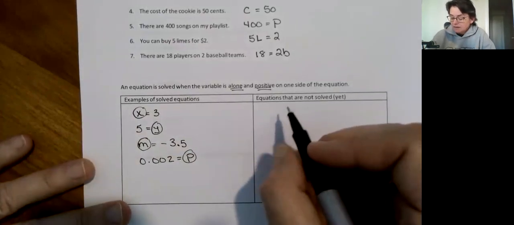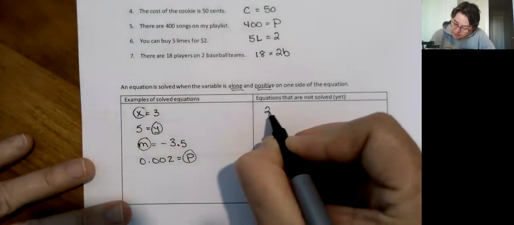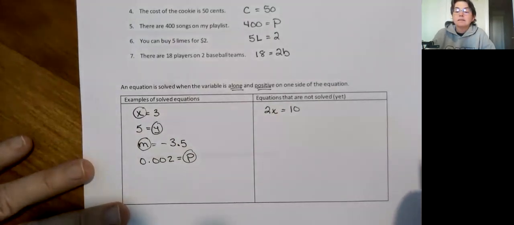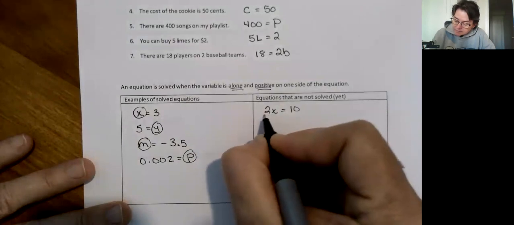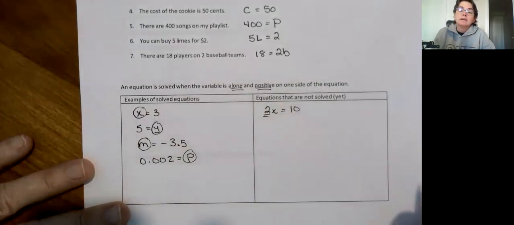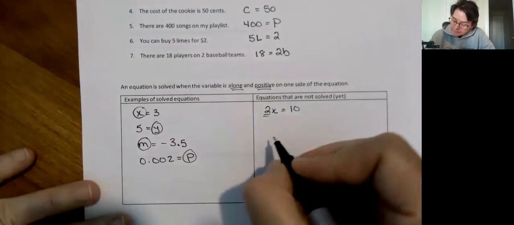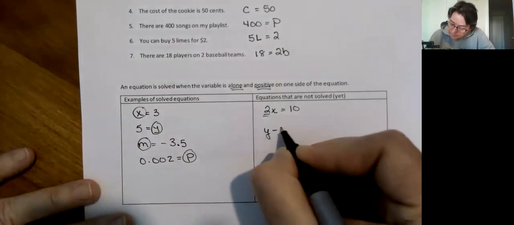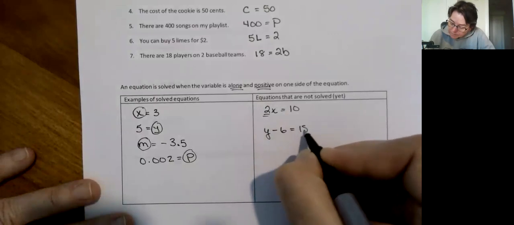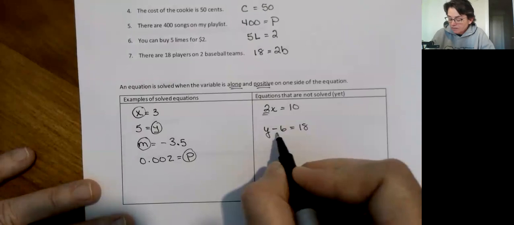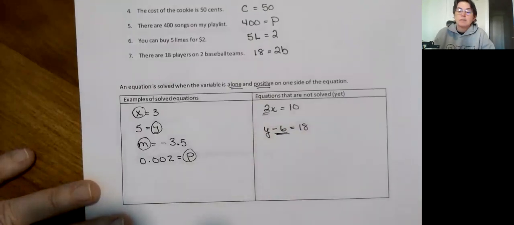Now, ones that aren't done, 2x is equal to 10. See, this is messed up because that 2 is there. X has to be all by itself. Again, same thing here. I want the y all by itself. That's the part that's messing it up.